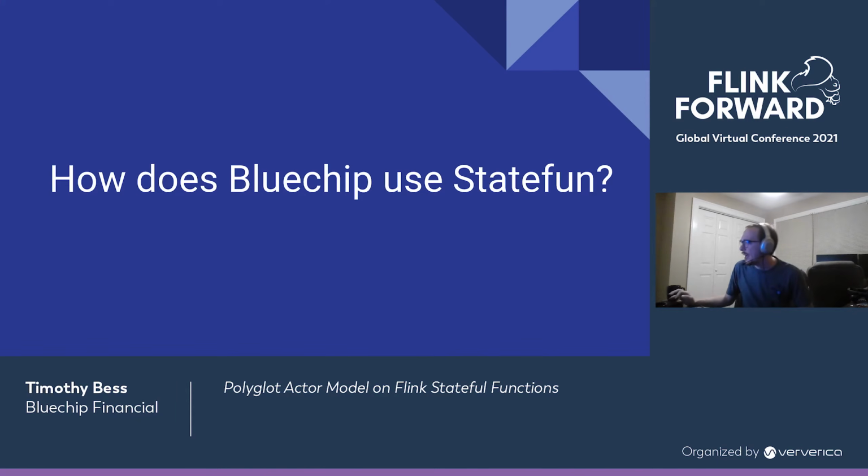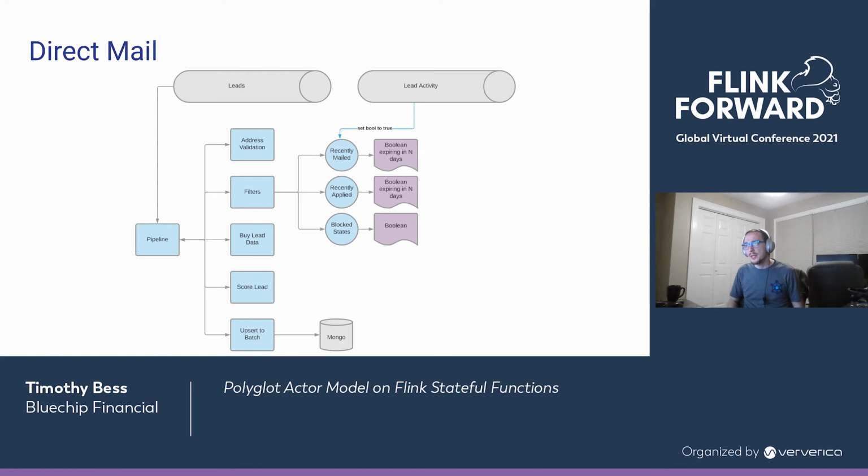So finally, how does Bluechip use Statefun? Our main project is the direct mail project where we send postcards to customers. I'll just breeze through this a little bit. We have a topic full of leads. They get sent through a pipeline that is a cascade of functions that we call.